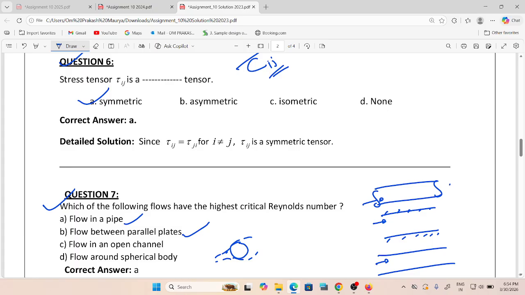So we have four options. Which one has the highest critical Reynolds number? Definitely the pipe.